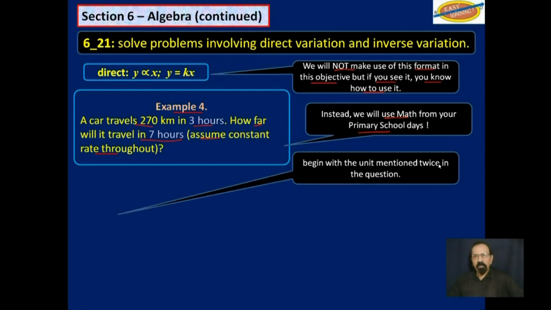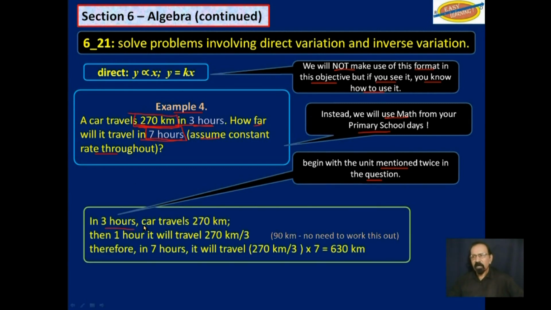Begin with the unit mentioned twice, which would be hours, right? But you will not begin with this 7 hours because there is nothing related to it. You will begin with this 3 hours because there is something related to it. So you say in 3 hours, the car travels 270 kilometers.